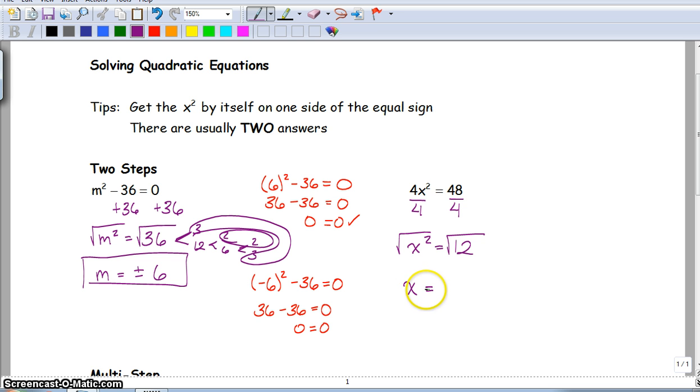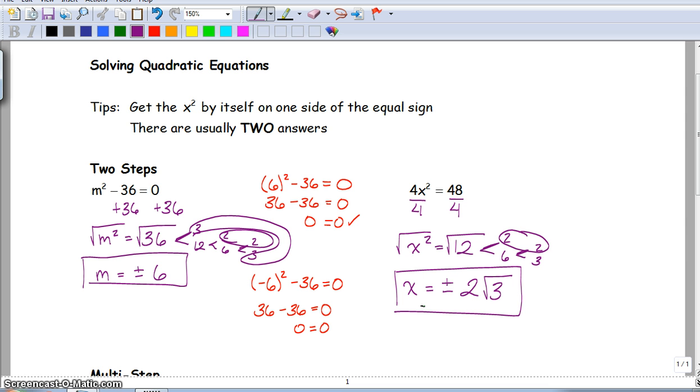So x equals plus or minus the square root of 12, which is not a nice number, so we need to use the factor tree to simplify. So 12 breaks down to 2 and 6, 2 and 3. Pair of 2's on the outside, 3 left underneath the radical, and your answer is positive or negative 2 times the square root of 3.